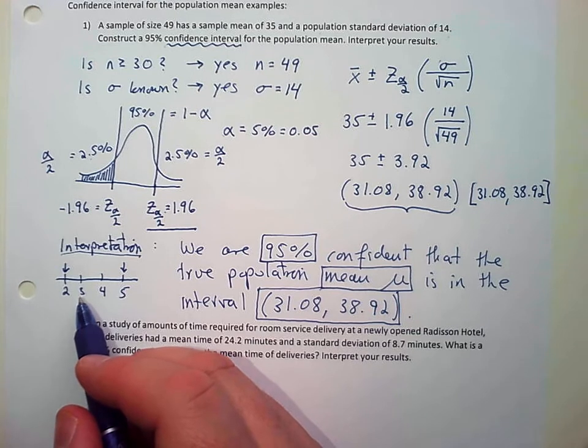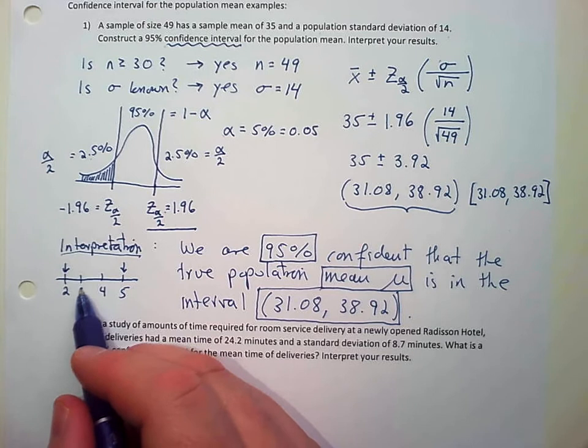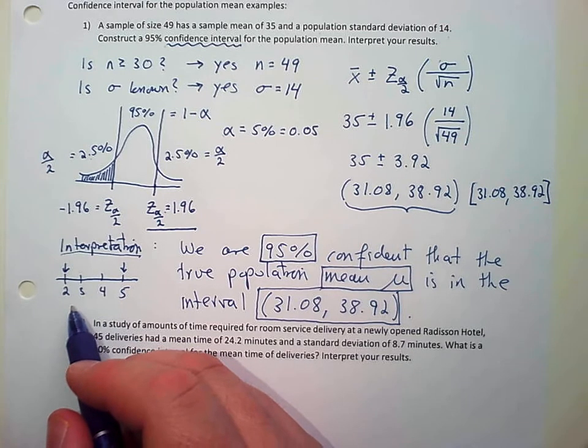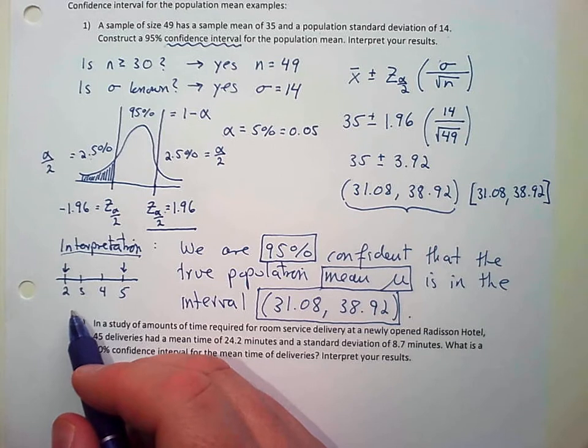There's no probability about whether or not 3 is in this interval. It either is 100% in it or is 100% not in it. Here, 3 just happens to be in the interval, so yes, it is in the interval, whereas 6 is 100% not in the interval.